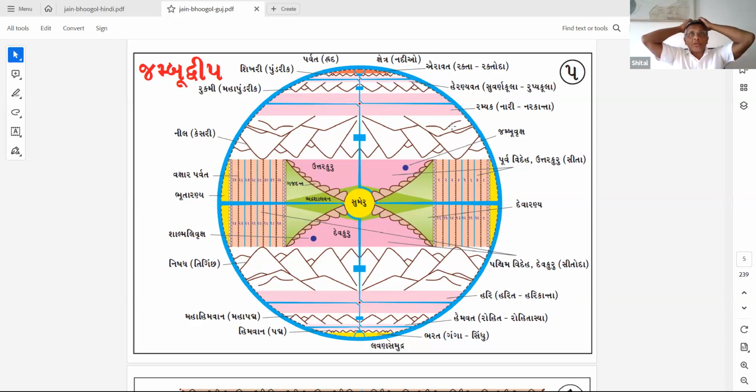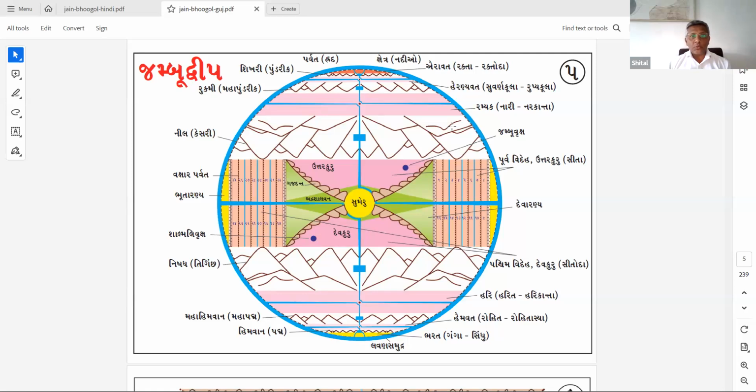Another question. How many Karma Bhumis can you have? Maximum number of Karma Bhumis in the Manushya Kshetra. How many Karma Bhumis can you have at any given time in the whole of the Manushya Kshetra? 10. No, no. So what you have to do is work out how many in Jambudweep.